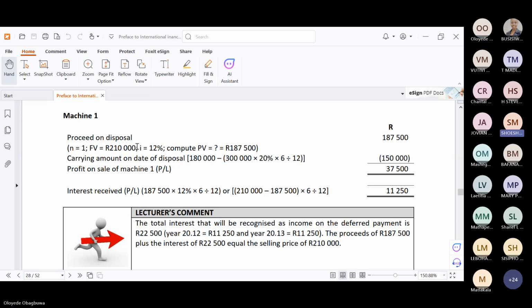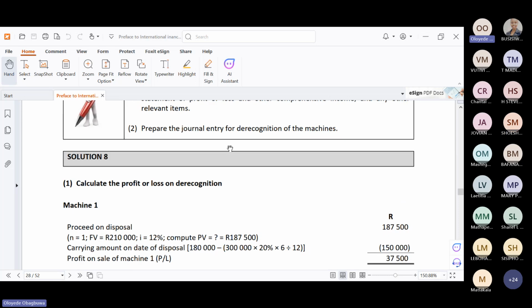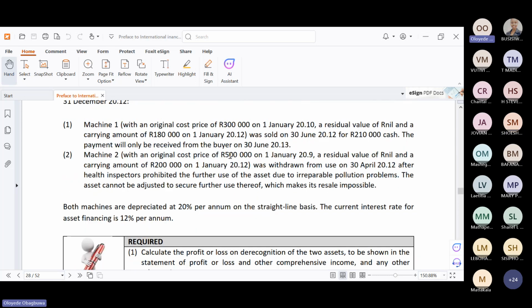Now, there's this issue of the current interest rate for asset financing is 12% per annum.